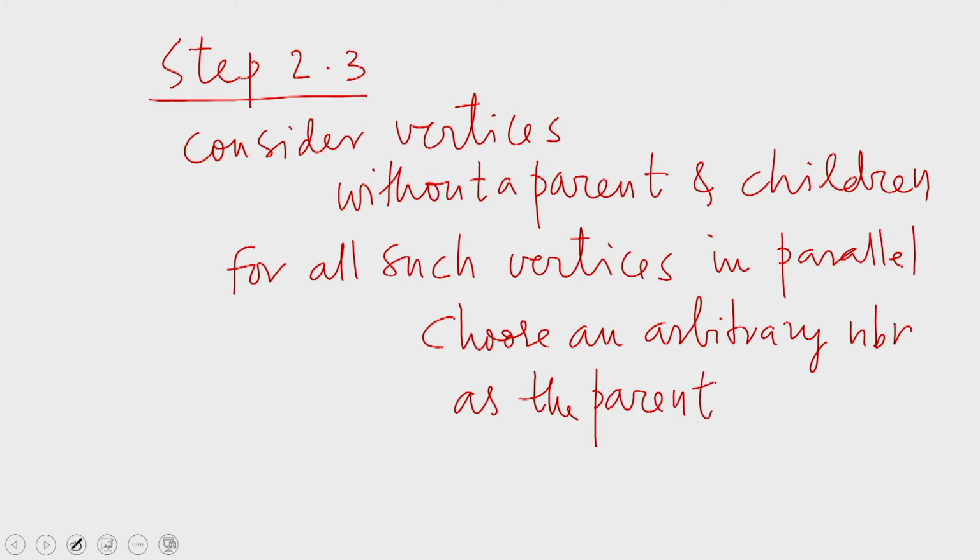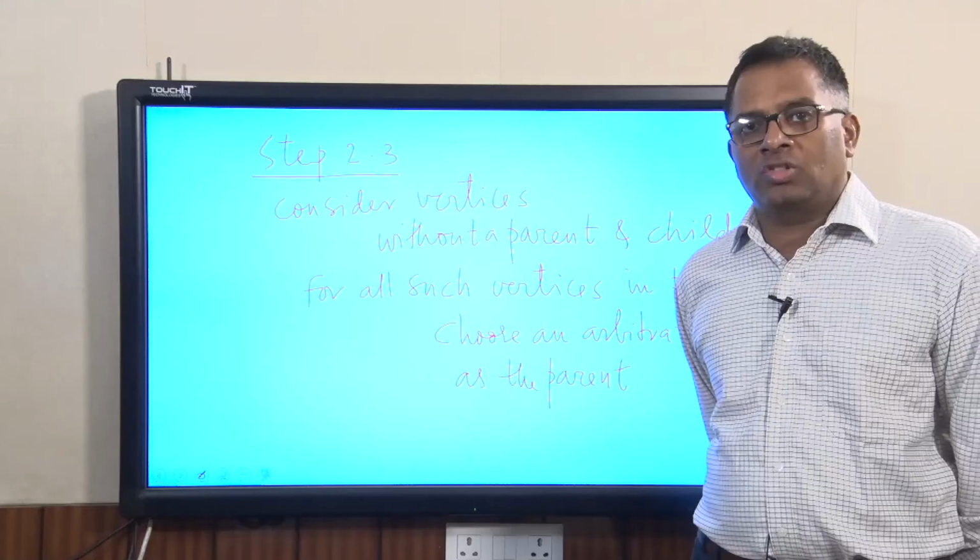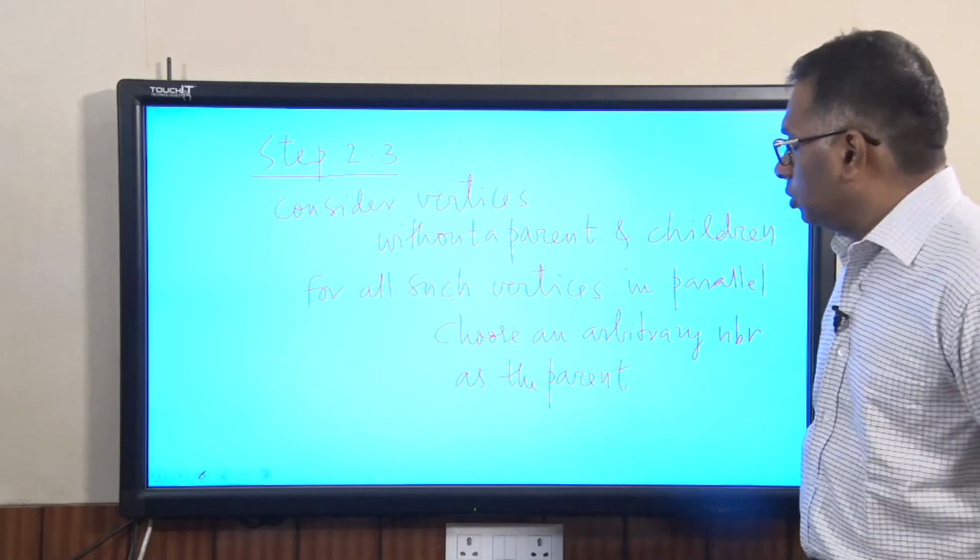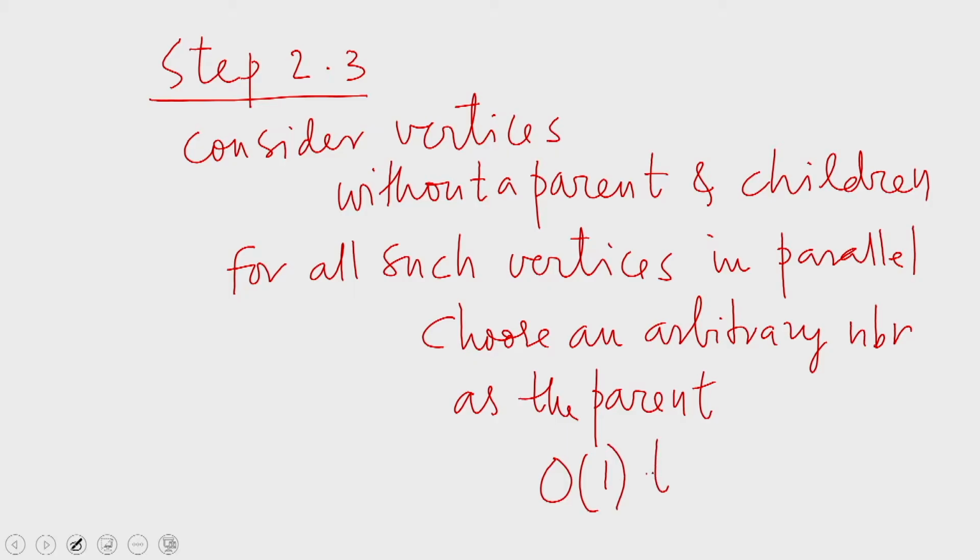So, step 2 3 is an order 1 operation. If a vertex has discovered that it is a local minimum and also that it is without children, then it can pick the first element in its adjacency list as the parent. So, this is an order 1 time operation. So, steps 2 1, 2 2, 2 3 all together can be done in order of log n time, and this ensures that every vertex gets either a parent or a child.